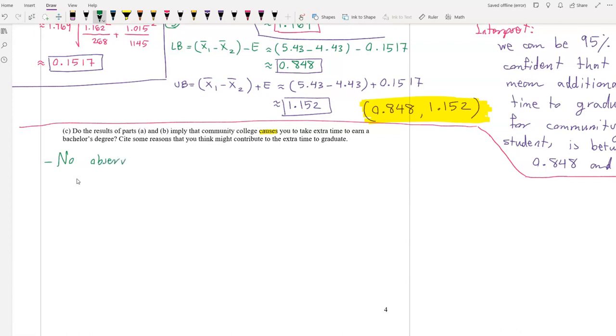So that was based on observational data. These cannot prove causation, but they can only prove association.